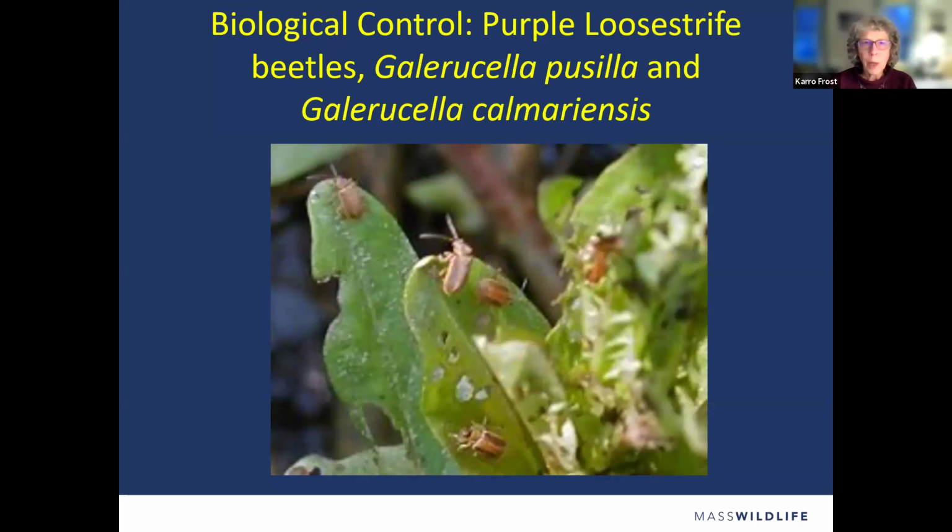And sometimes that's because something slowed their population down the previous year. And so they're responding, and if there's a lot of purple loosestrife, they'll rebound again. So it's one of those old graphs where you have the lynx and the rabbits. But it does work. They have made a big difference as far as purple loosestrife goes.